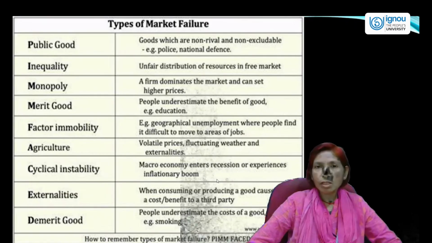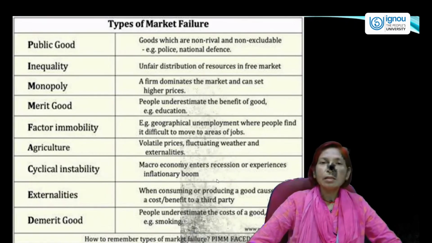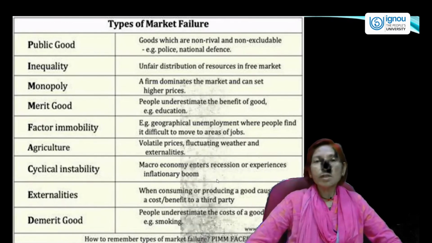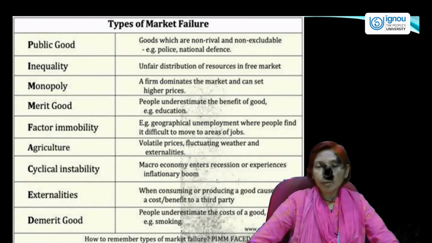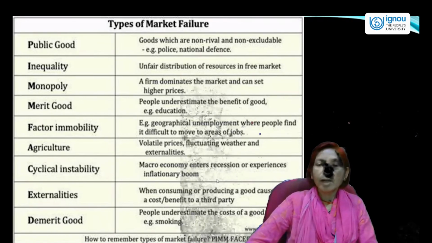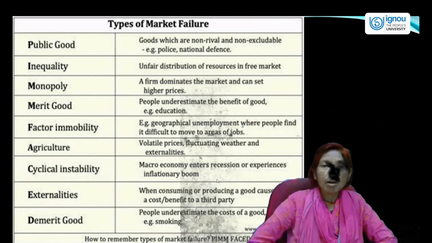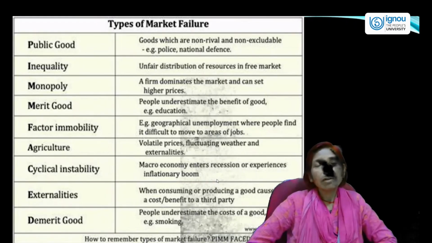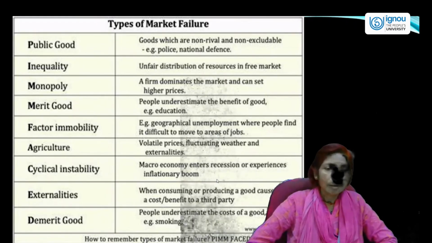It depends upon nature, and demand increases as population increases, but supply depends upon nature. So price is always volatile or fluctuating, and fluctuating weather and externalities occur in the agriculture sector. That's why it is a main cause of market failure.